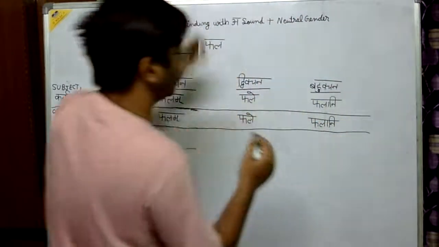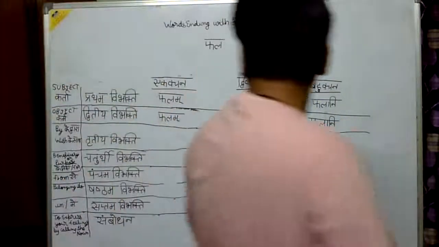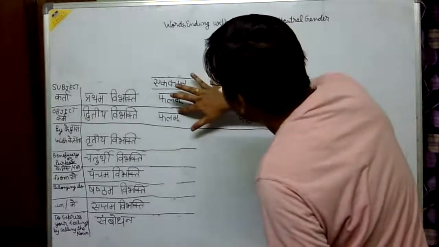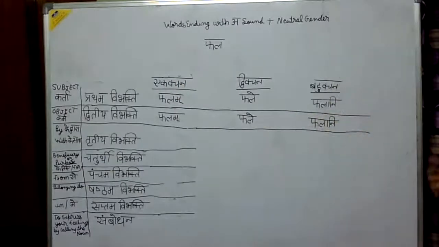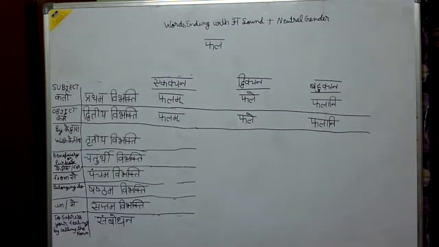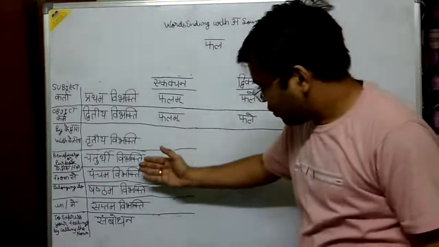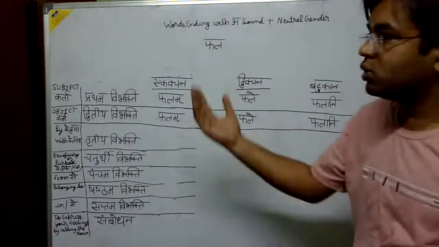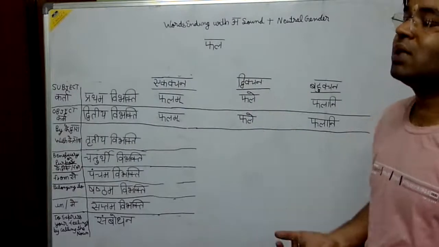For both Prathama and Dvitiya Vibhakti, you have to use phalam, phale, phalani. Okay? Now, for third, fourth, fifth, sixth, seventh, and Sambodhan, you will use the same Shabdarupas as you have used for words ending with a sound, like Ram.